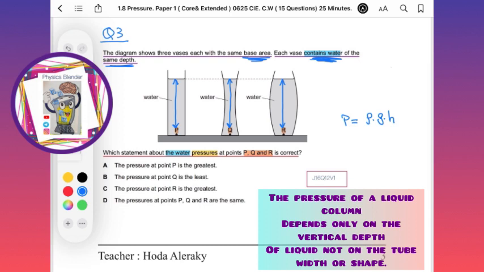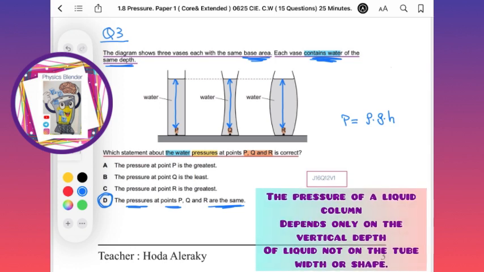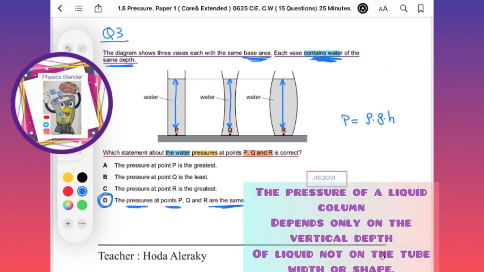So the correct answer for this question about the water pressures at points P, Q, and R is D. The pressures at points P, Q, and R will be the same. Why? Because it depends on the depth of liquid and the density of liquid.